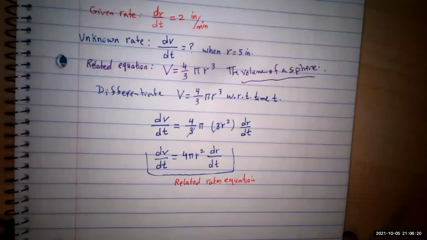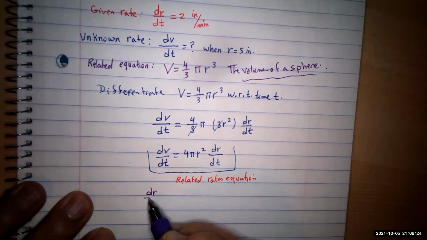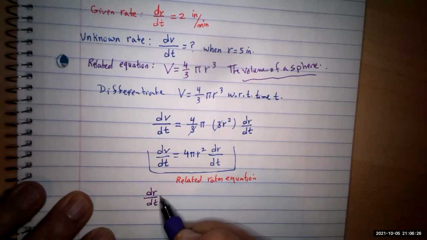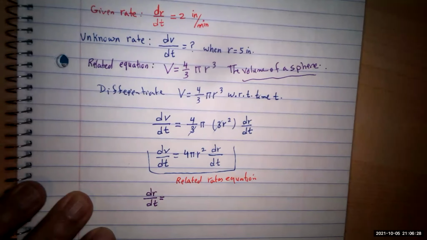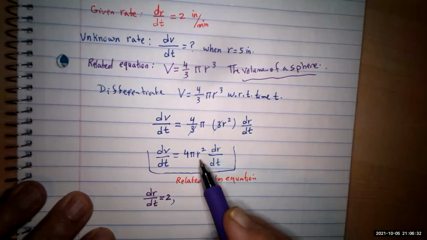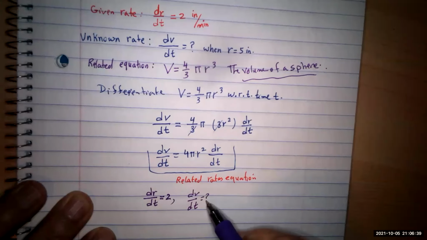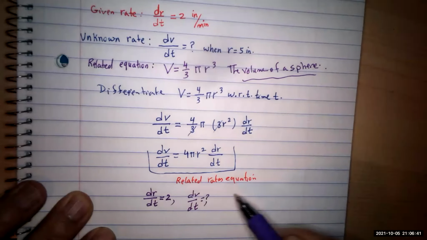The known one is dr dt. What is the dr dt? Your dr dt is 2. dv dt is missing, the unknown. You want it when r is equal to 5.